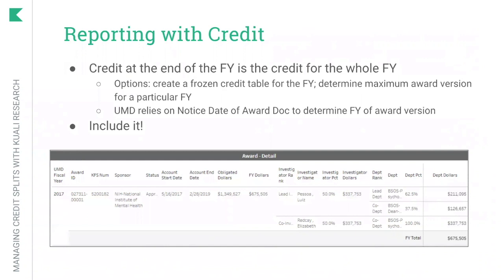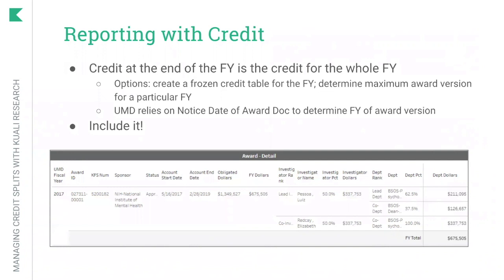What Maryland had decided to do for reporting purposes is that we use the maximum award version for a particular FY, and that's how we get the credit to use.